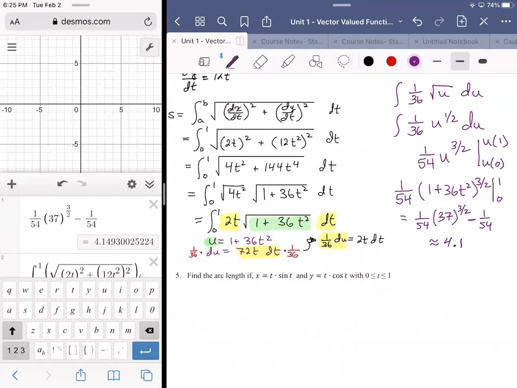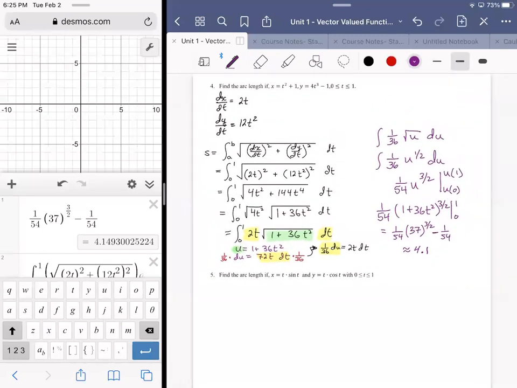Except my name's not Bob, so that doesn't even make any sense. All right, so yeah, 4.1, 4.15, just not 4.2. Play it safe, round it to 4. It doesn't really make much of a difference. When you're not given any context, we're not going to lose any sleep over rounding. When you're given the context, generally, you just think of any word problem you've ever been given in the past. They usually have rounding instructions, so just be mindful of that kind of thing.